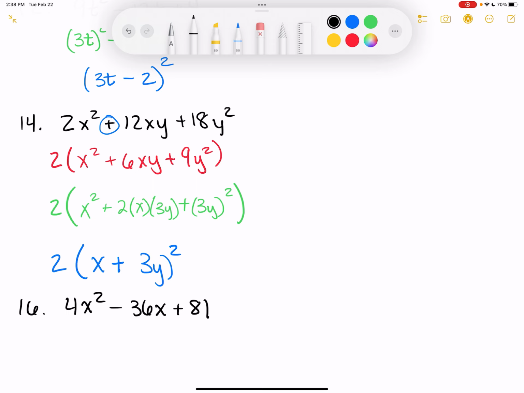I cannot take a 2 out because I cannot take a 2 out of 81. You have to be able to take it out of all the pieces. Oh, you're saying, okay, gotcha. Okay, yes. So I'll go ahead and write that.